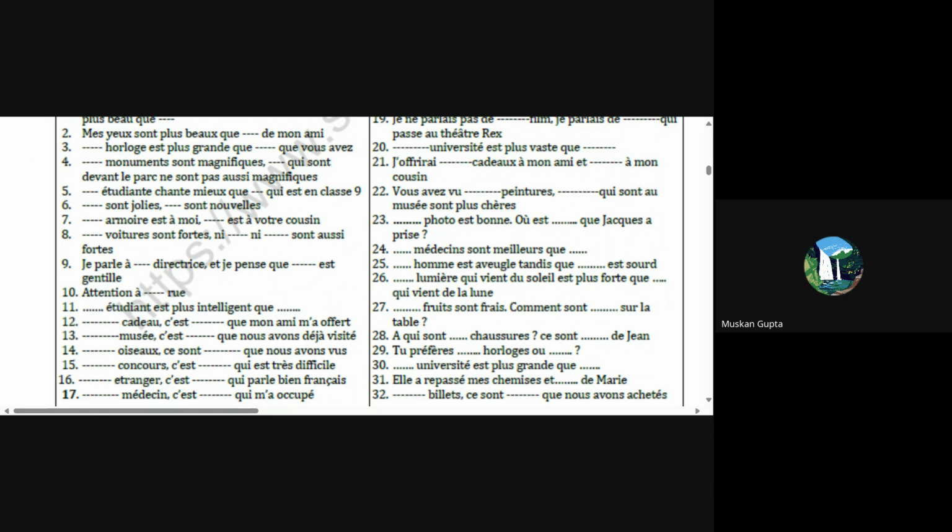The second one is talking about the distant one. So you see the distinction. In this scenario, we use celle-là. Ci and là are used when you're talking about two objects. It's not necessary that they will occur simultaneously.